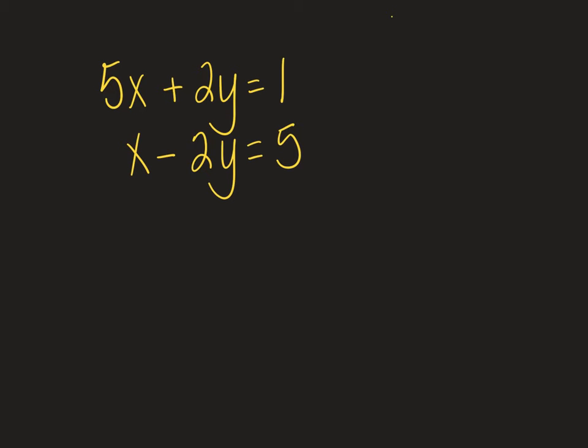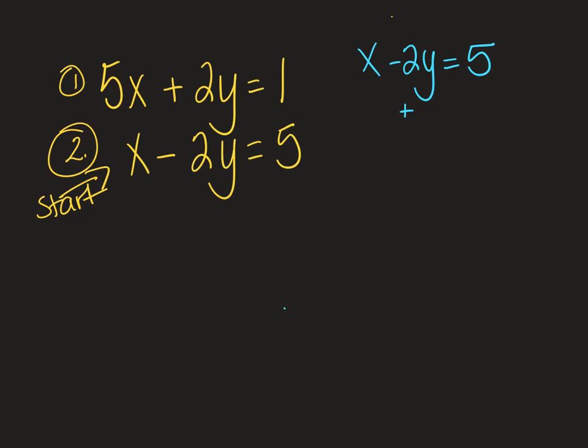Now, we're going to have 5x plus 2y equals 1, and x minus 2y equals 5. In this case, I want to choose the easier of the two that I think would be the easiest, and I think that this is where I'm going to start. Okay, so I'm going to start with equation number 2.